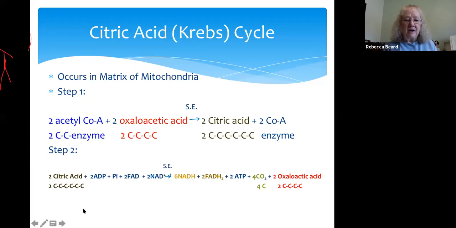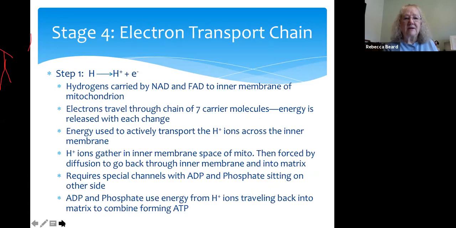Now, throughout this process, there have been these NADH and FAD molecules collecting our hydrogens for us. And we're going to see them coming back. So we have a total of 8 NADH molecules and 2 FADH molecules.